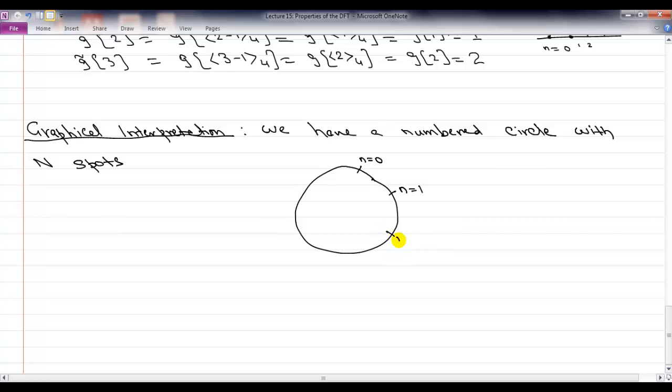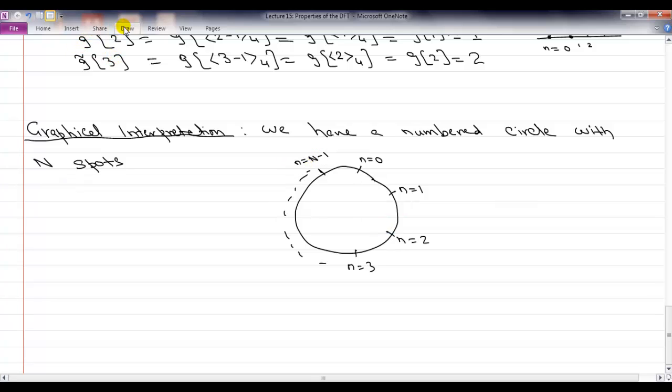I go n equal to 2, n equal to 3, and keep going till I get n equal to N minus 1. So this is my number line, but instead of a line, I have a numbered circle. And this is fixed.